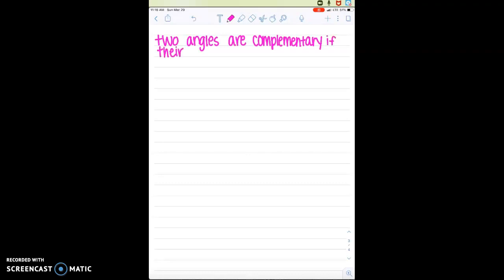So I highlighted complementary and 90 degrees just because you need to know that those two go together. Okay, the last thing you want to do is make the mistake of writing supplementary and 90 degrees because that's just some easy points that you would lose.